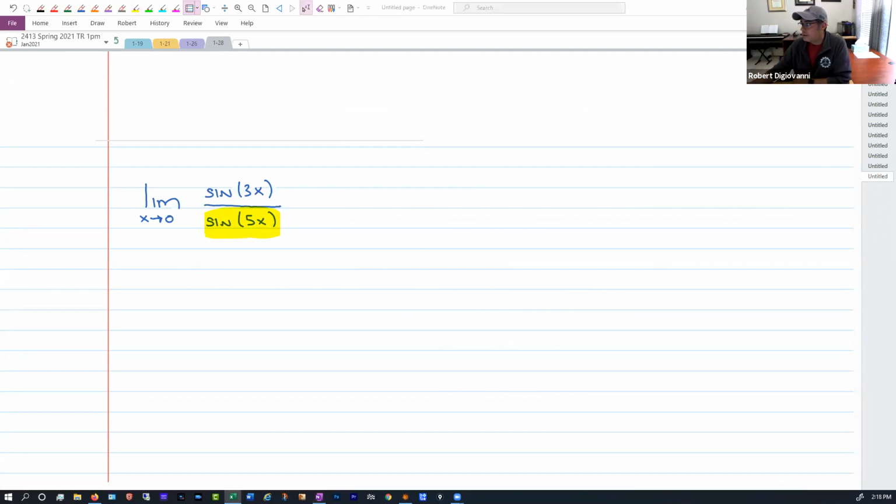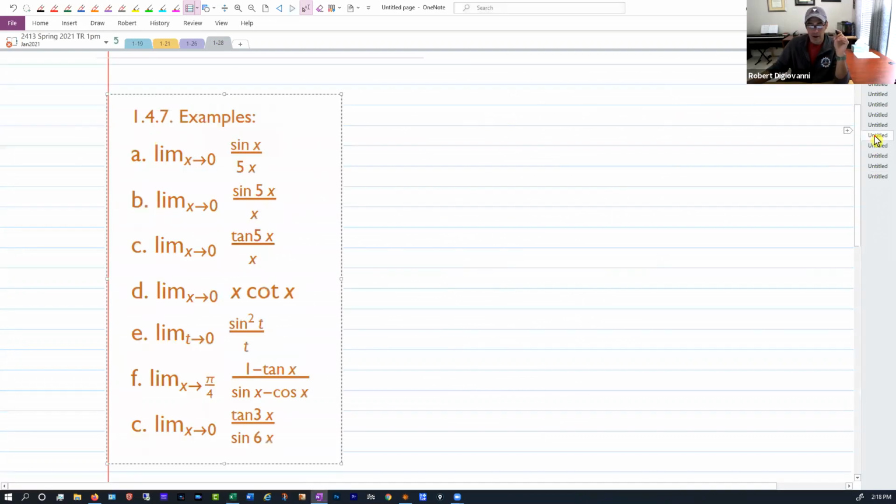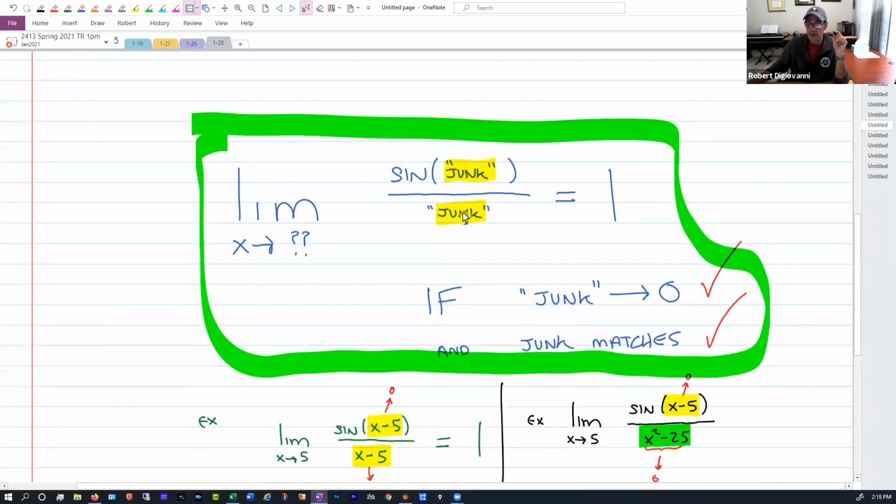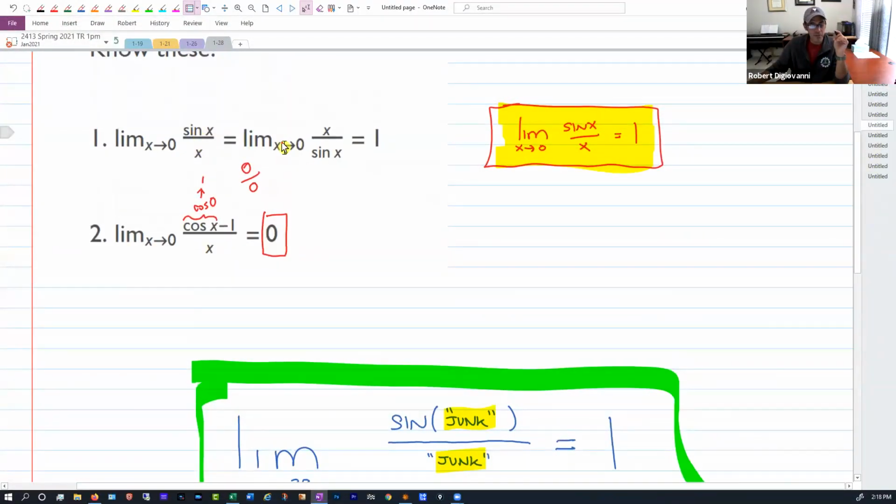So Claire? Is Claire here? Yes. Hey, Claire. Hi. If I wanted the sine of 5x to not be a problem, what could I put on the top so that it would become a 1? So remember, when I gave you this formula, sine junk over junk, that came from this right here.